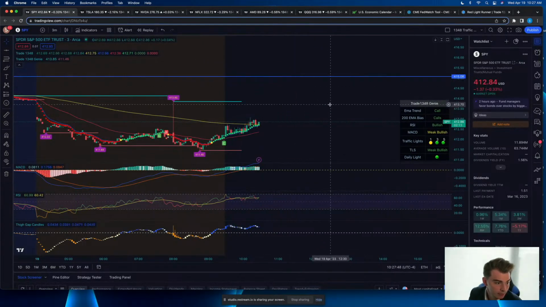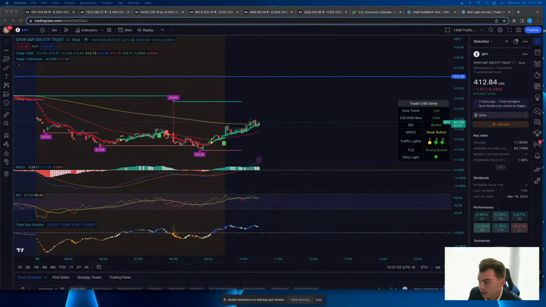I don't like any of these futures trades here. I don't like anything that I'm seeing on the SPY. Looking at the ES chart, even on the 1 minute, it looks terrible. Hold on. I'm looking at something here. This could actually be spicy. Huh, that's interesting.